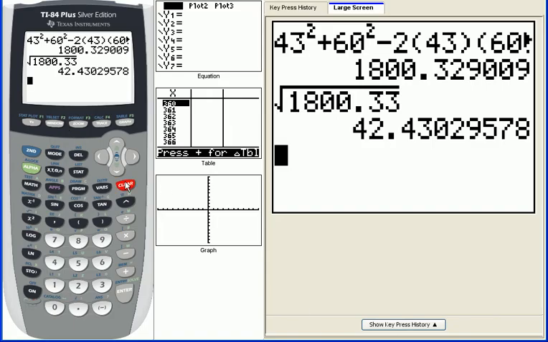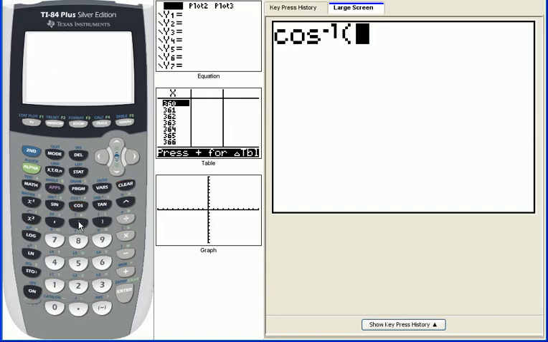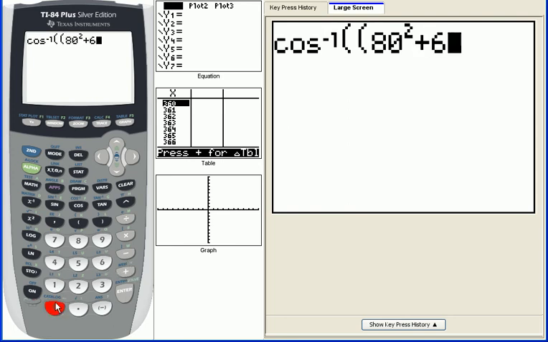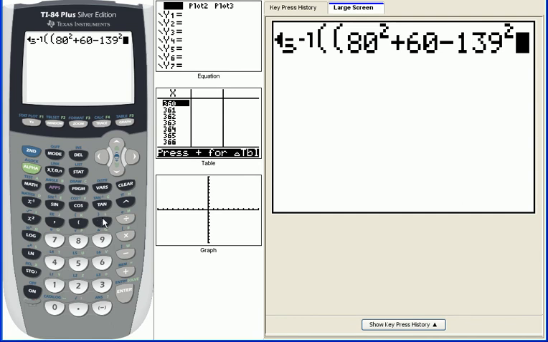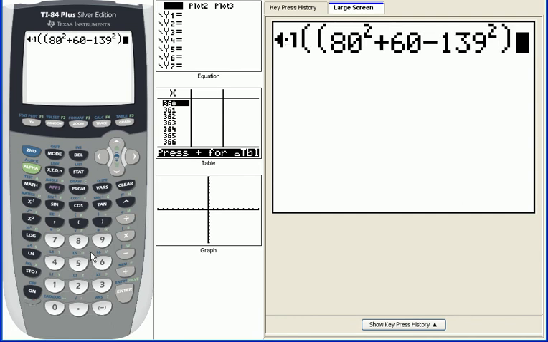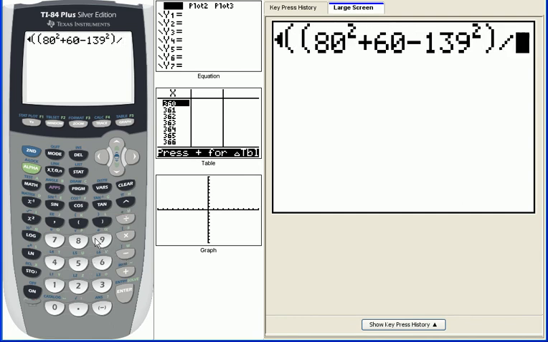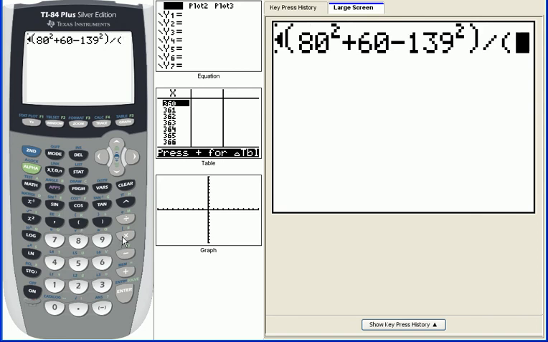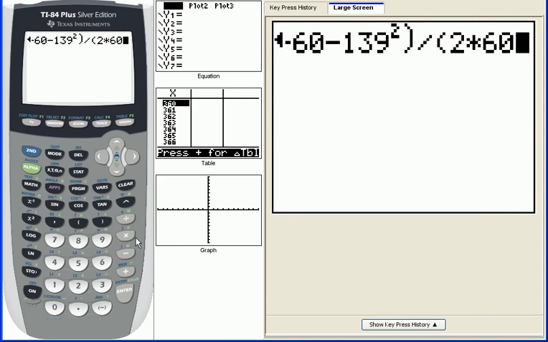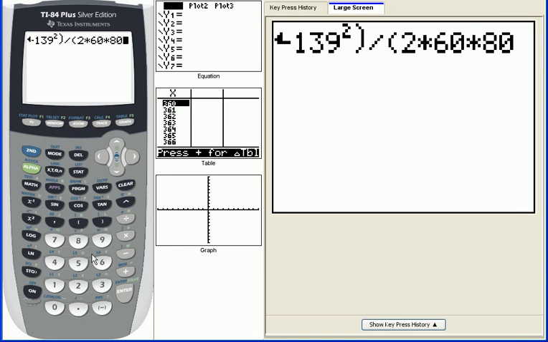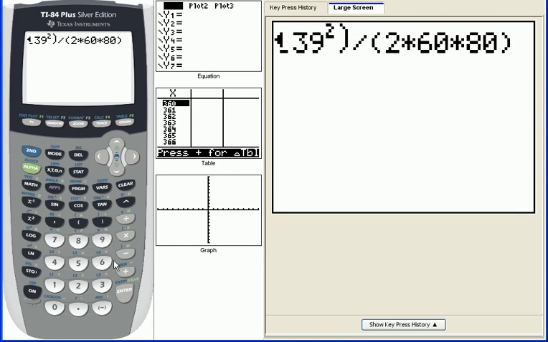So the arc cosine, parentheses. Now we're going to have to do something on top. So we're going to have to take 80 squared plus 60 squared minus 139 squared, in parentheses to close off the numerator, divided by, parentheses, 2 times 60 times 80, close parentheses.